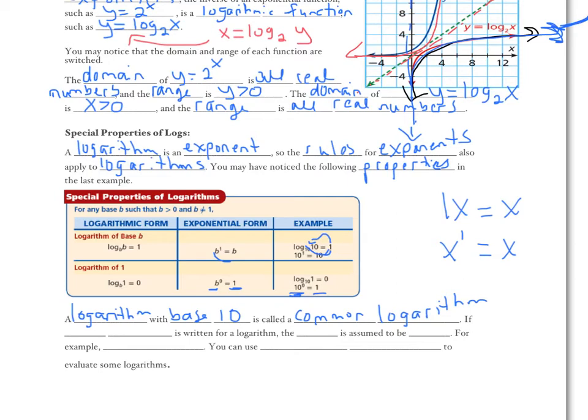So if no base is written for a logarithm, the base is assumed to be 10. You may expect it to say log base 10 of 100, but we as mathematicians, if it's the same thing over and over, we like to leave things out. So you would see this instead, where the 10 is just assumed, just like it was with the x to the first and 1x.